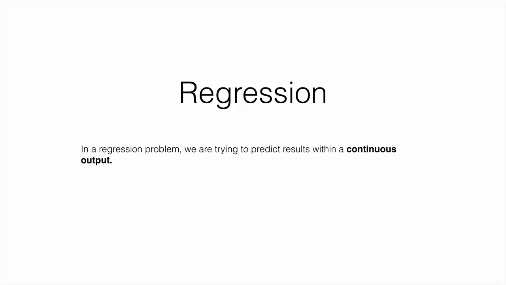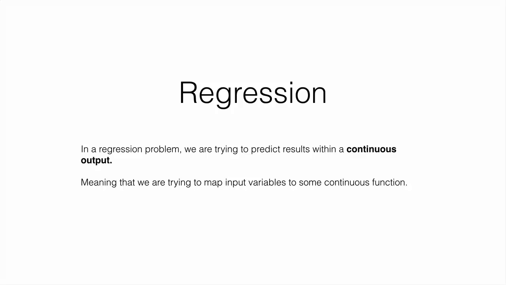We have regression and classification as components. With regression, we have a regression problem where we are trying to predict results within a continuous output. That is key for regression. We are trying to map input variables to some continuous function.